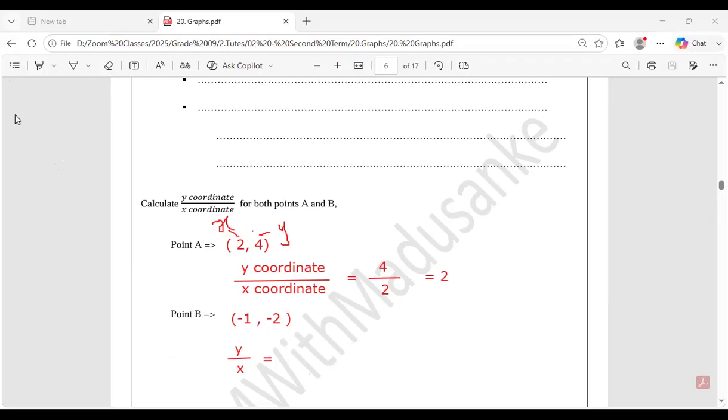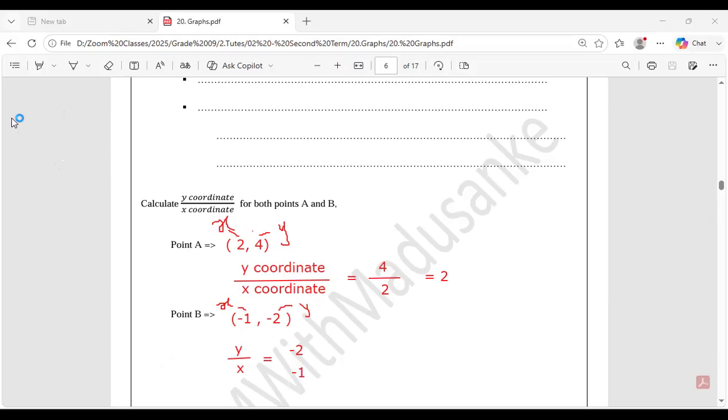What is the y coordinate of this? This is the y coordinate. This is the x coordinate of point B. Right? So the y coordinate is negative 2. The x coordinate is negative 1.